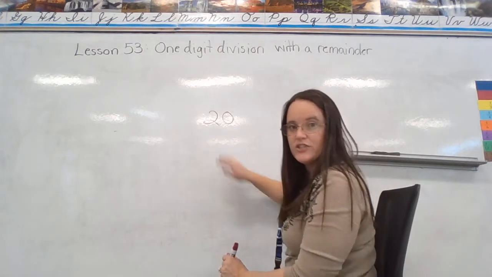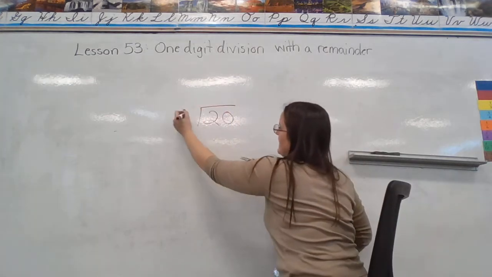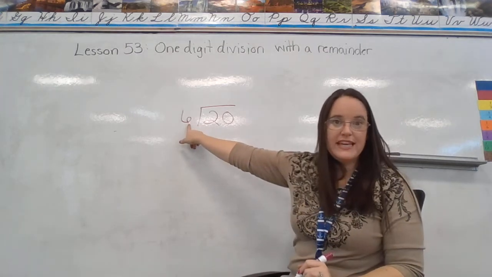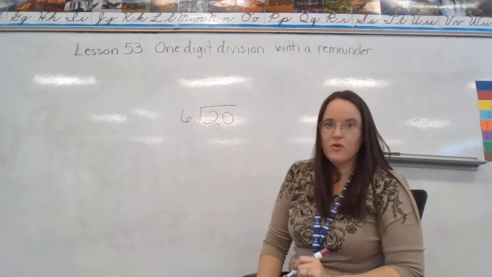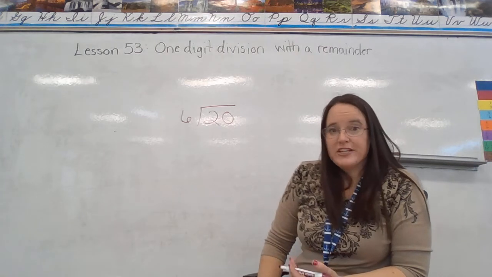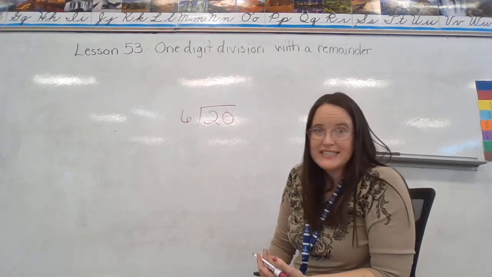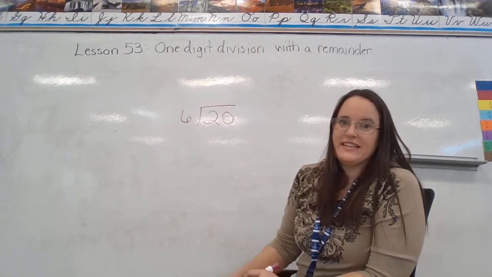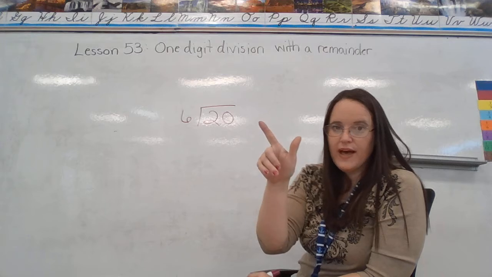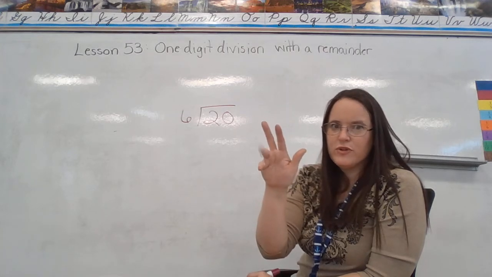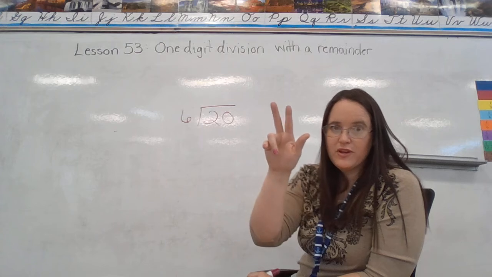So we've got 20 total people. We need to divide that by the 6 people that can go in each van. So 20 divided by 6. I could draw a picture, or I could just count by 6 and see how close I can get to 20. So that's usually what I like to do. I'd say 6, 12, 18, 24. 24 is too many, so I have to go with 3.